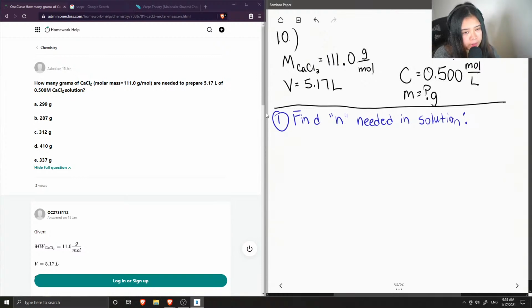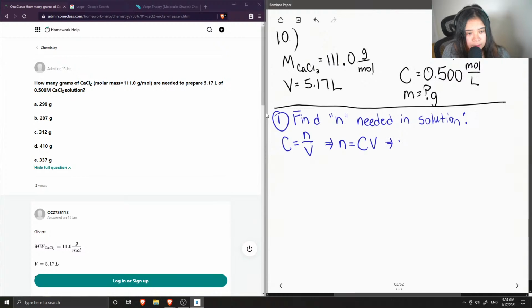If we recall the equation for concentration, concentration is equal to the number of moles divided by the volume. If we rearrange this equation, we can solve for the number of moles just by multiplying concentration and volume.